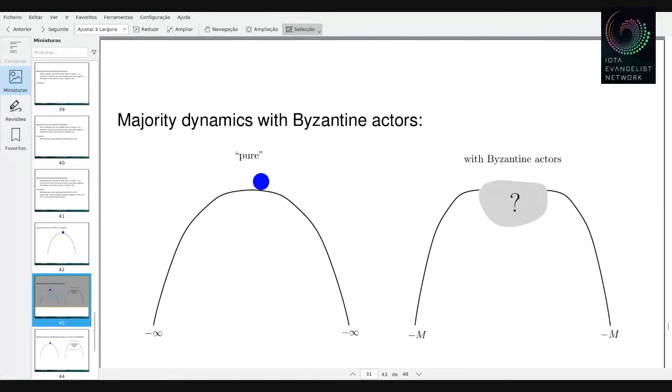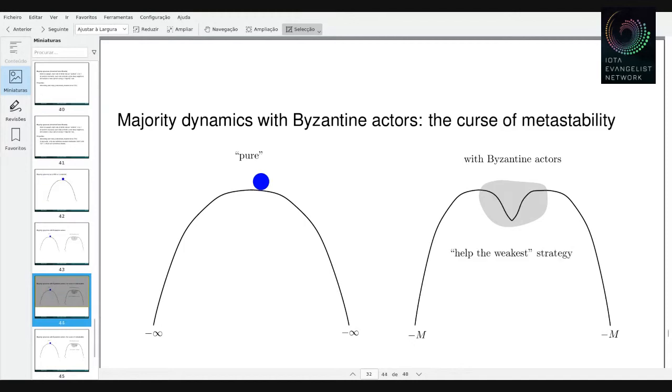If opinion 0 is prevailing, then they switch to 1 and try to help the 1. And it will correspond to this picture here. So this is the help the weakest strategy. This is the 50-50 situation here in this point.